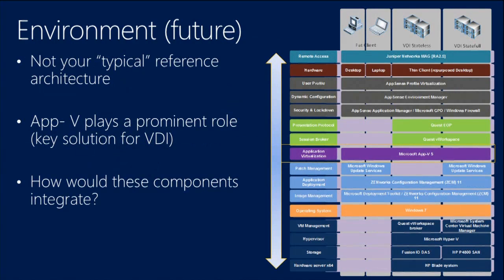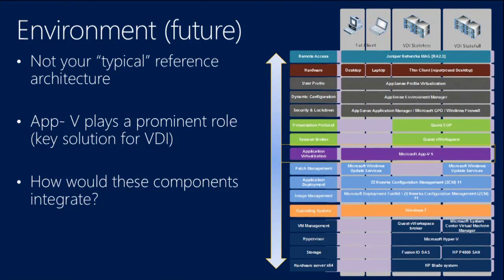So this is what their architecture looked like. I was not part of the decision flow on any of the other components, but it was quite an interesting stack. For example, Novell ZENworks Configuration Manager was used to deliver physical applications to the machine, but obviously that doesn't have any integration with App-V 5. And there was also AppSense User Environment Manager, used for personalizing applications and the user profile.